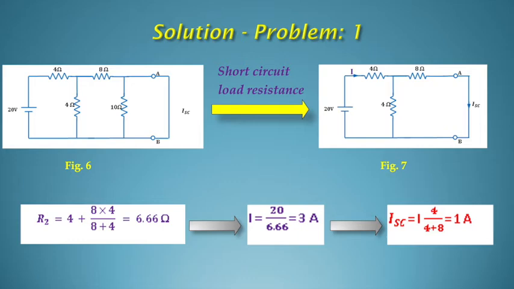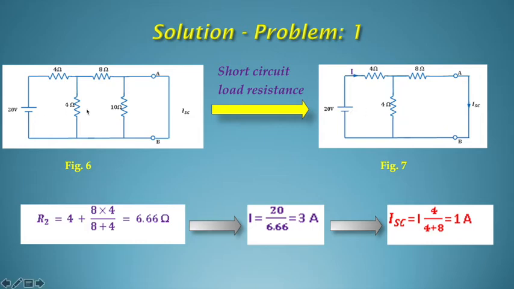Remove the 5 ohm resistance and the AB terminal is short circuited as shown in the diagram. Now find the short circuit current ISC flowing through the shorted load terminals using conventional network analysis methods as shown in the figure.